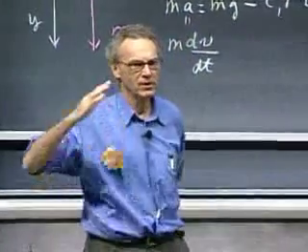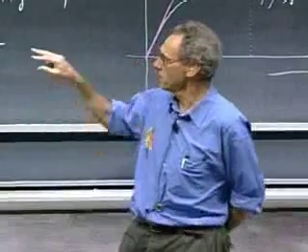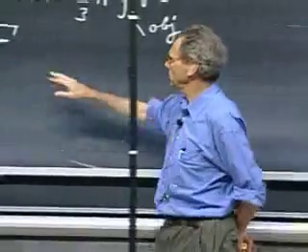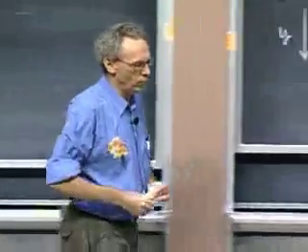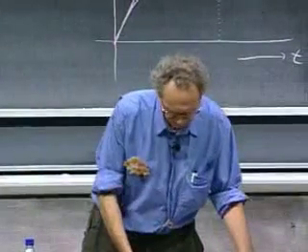You're always dominated by the pressure term, by the v² term, and the terminal speed is proportional to the square root of the radius for a given density of the object.